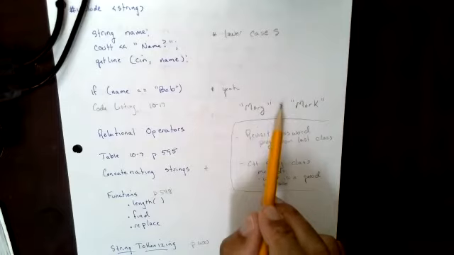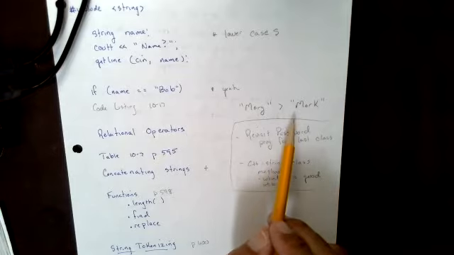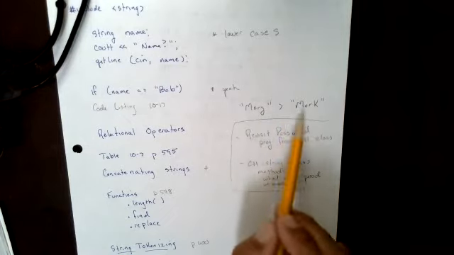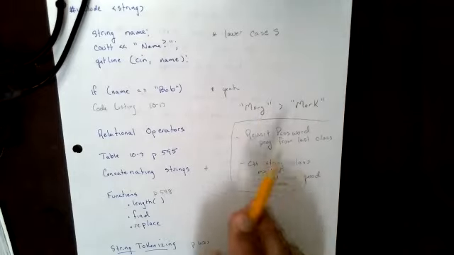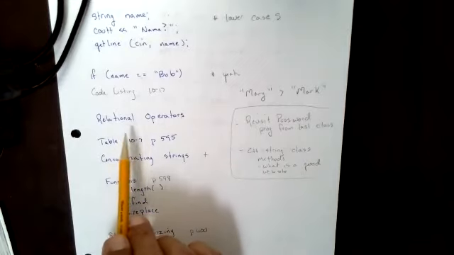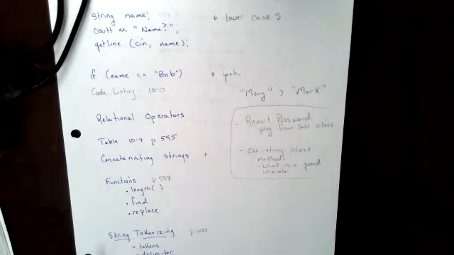And the answer would be either true or false. True. Yep. It would compare the M's, the A's, the R's. When it got to the Y, this Y is greater than that. Again, it goes back to the ASCII numbers. And we remember the relational operators: less than, greater than, less than or equal to, greater than or equal to, and not equal to. We had all of those going on.